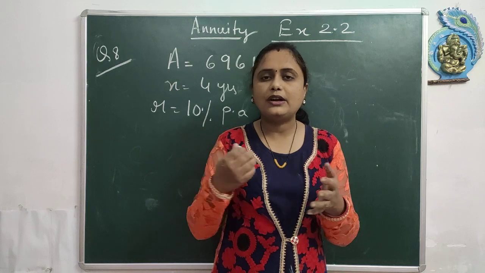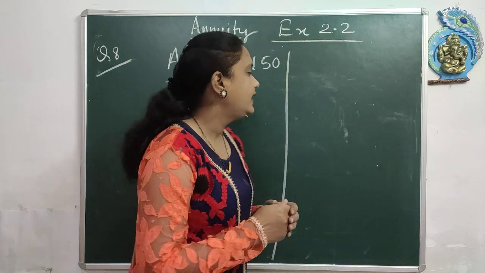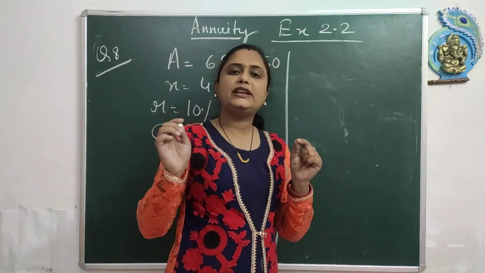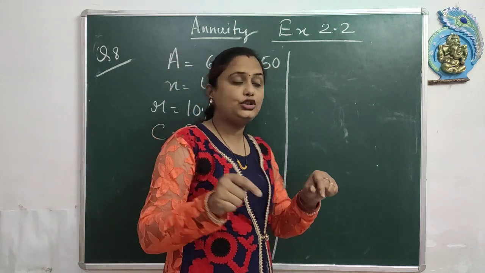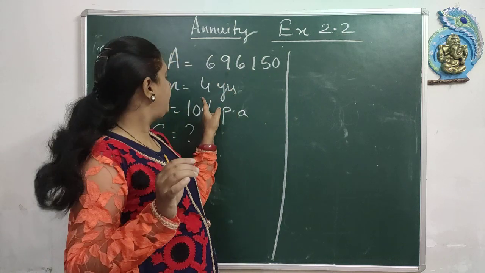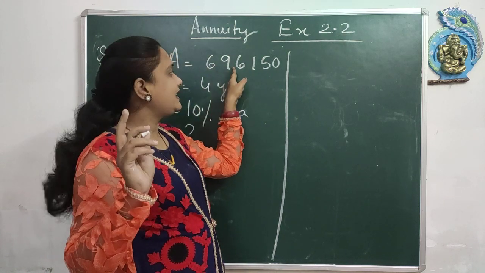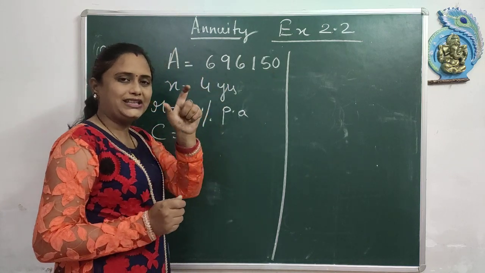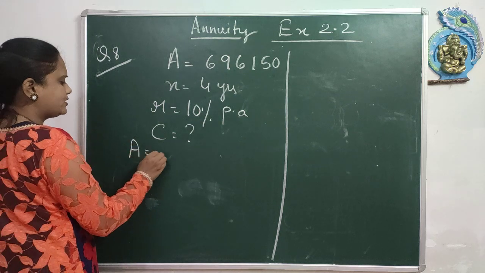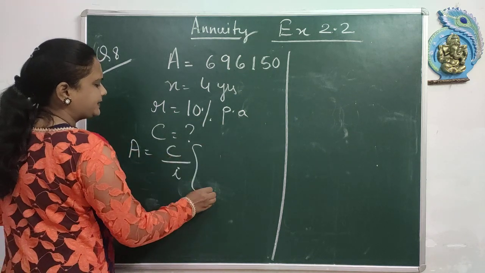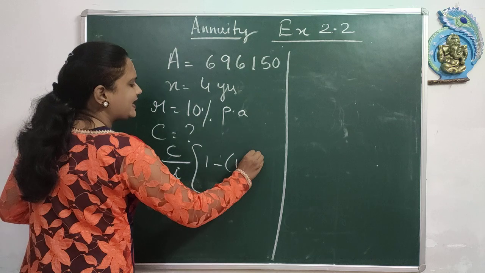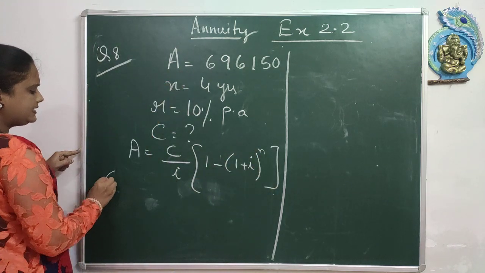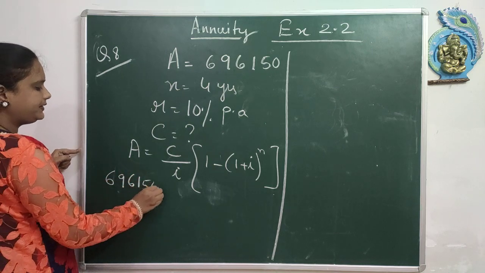So it means again you have to find in this question C. ठीक है? That is cash flow. Every year he should invest how much so that the accumulated amount after 4 years will be 6,96,150. Okay, so again apply the formula for accumulated value, that is A is equal to C upon I into 1 plus I to the power n minus 1. Again A is 6,96,150.